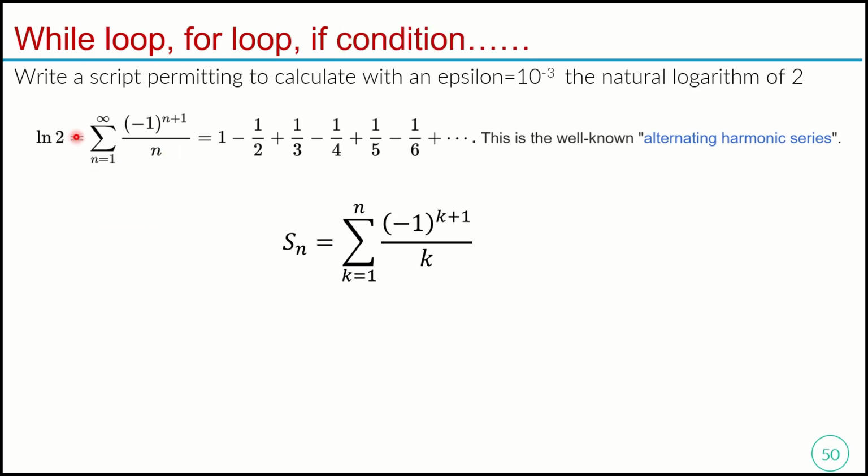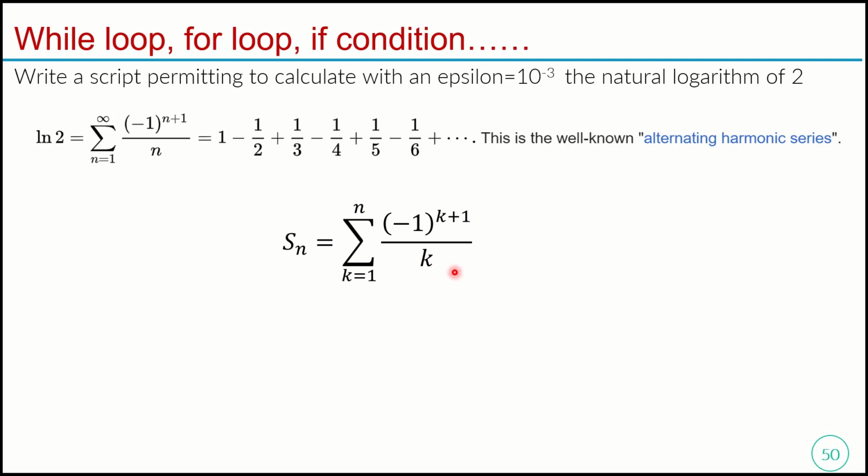Okay, plus 1 divided by n. Normally this is a convergent series and it converges to the logarithm of 2. So in order to calculate an approximated value of the natural logarithm of 2, I'm gonna create this series or succession: Sn is equal to the sum of k going from 1 to n of minus 1 exponent k plus 1 divided by k.